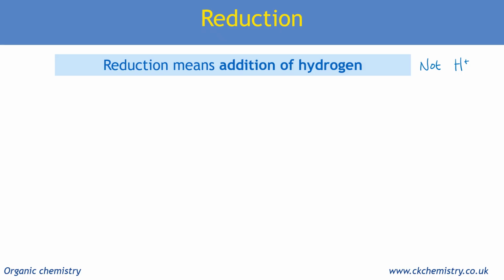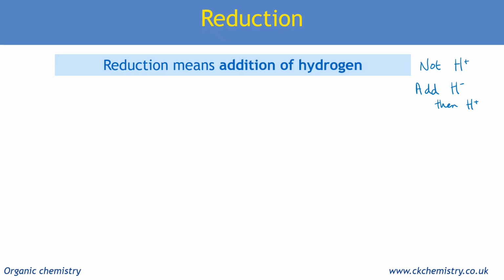That's just an acid-base reaction. To reduce something, what you're actually going to do is add H- and then H+. This is what's happening in the mechanism. We need a nucleophile, which is attracted to a carbon, so we can't use H+ to start the reaction because H+ isn't going to be attracted to that delta positive carbon atom. We need something that's going to provide negative hydrogens.